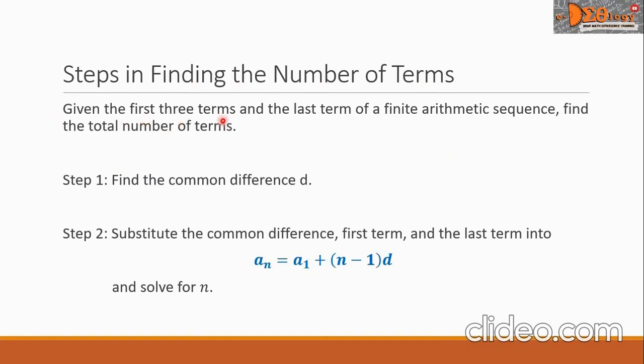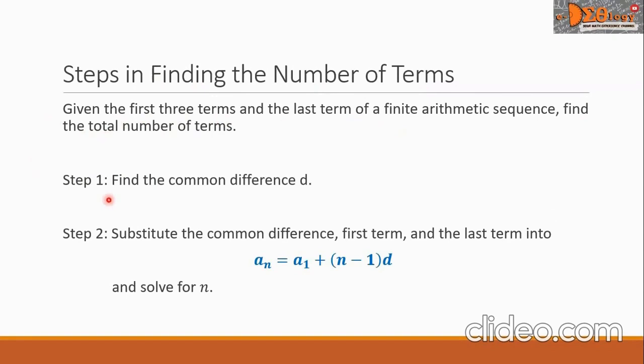Given the first 3 terms and the last term of a finite arithmetic sequence, find the total number of terms using these 2 steps.